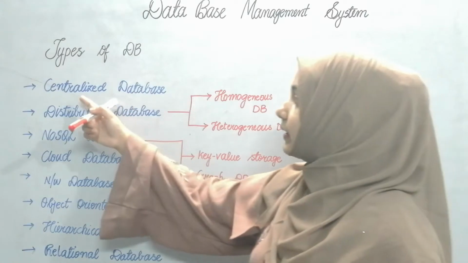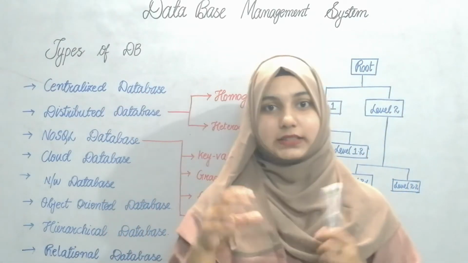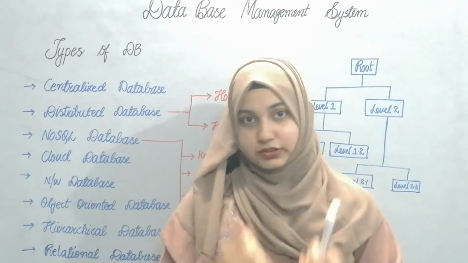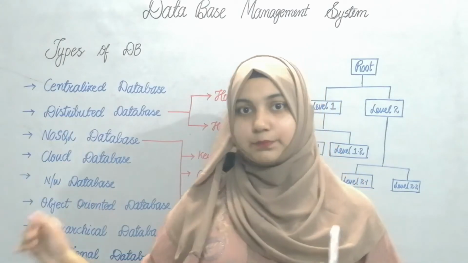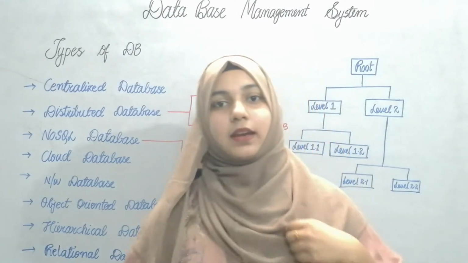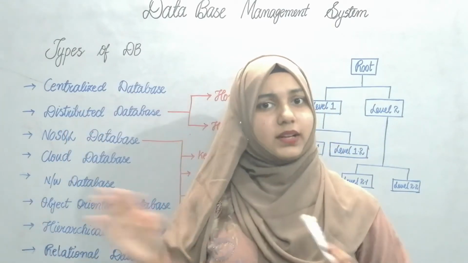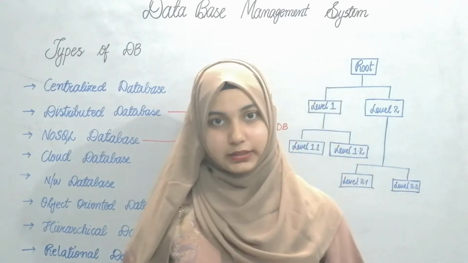The first one is the centralized database. Centralized database means it is a type of database where your data is stored at a centralized location. It is not with me, it is not with you, it is somewhere at a centralized location. The plus point is that, as it is kept at a centralized location, anyone from anywhere can access the data.